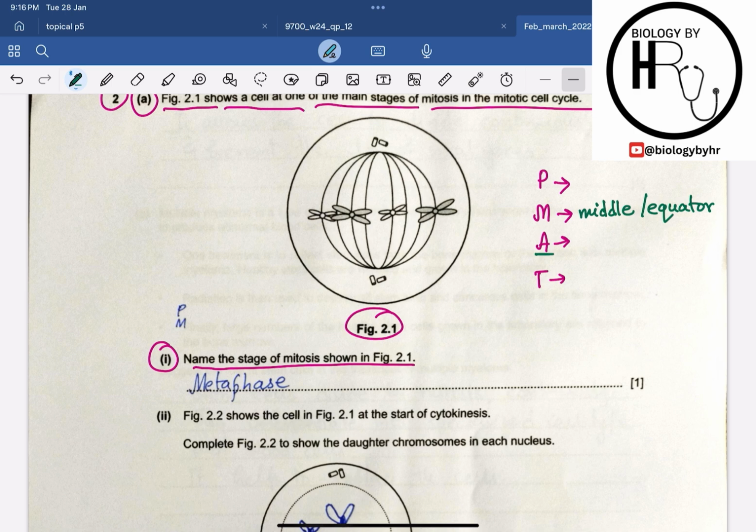In anaphase, the sister chromatids are pulled apart and the spindle fibers contract. And in the telophase, the nuclear membrane regenerates and the nucleolus reappears.